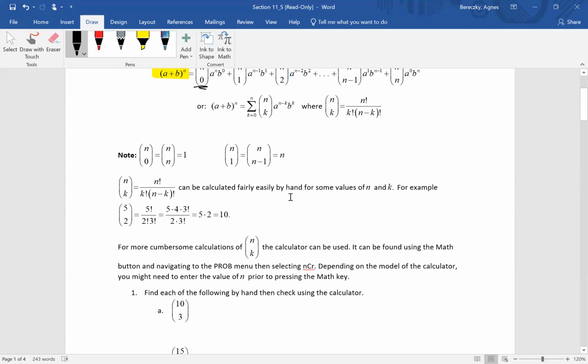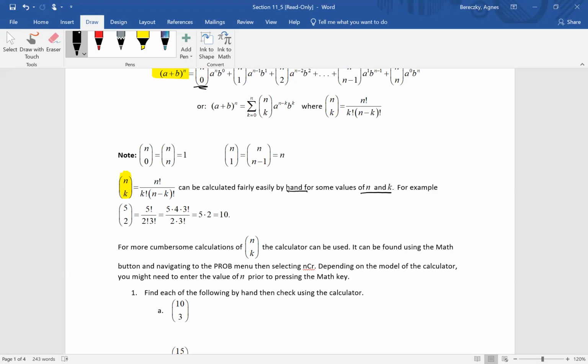And the general rule, this represents a combination, which is n factorial over k factorial times (n minus k) factorial. It can be calculated fairly easily by hand for some values of n and k, or we can also learn how to find it in the calculator.